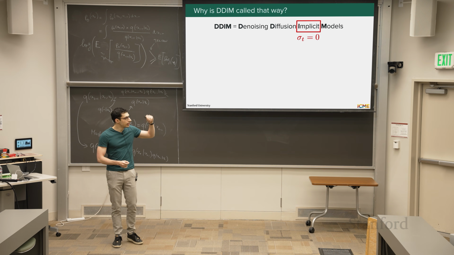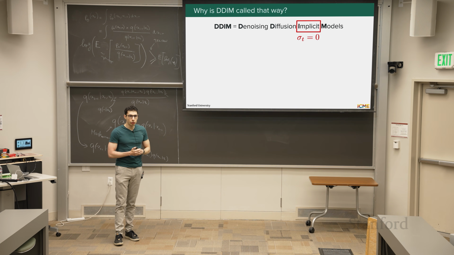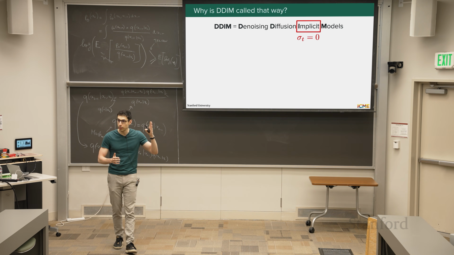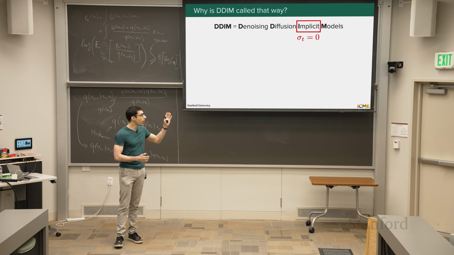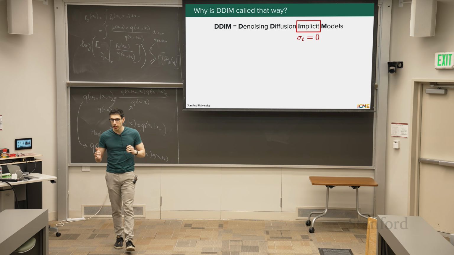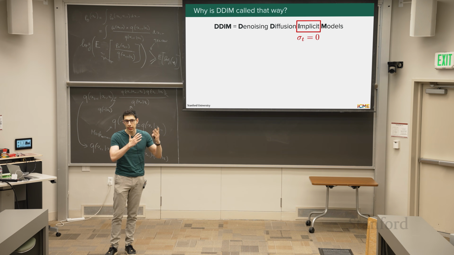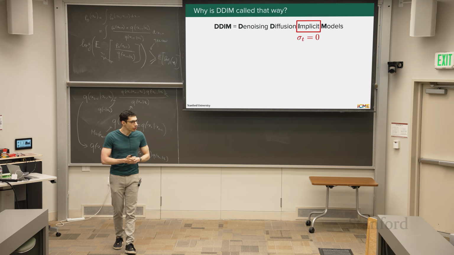But in this DDIM formulation, where you don't have stochasticity at the generation step between two consecutive steps, the stochastic part only comes when you sample your initial noise, so your x big T. And this is why we call the diffusion process implicit, because the probabilistic part is not something that you see between consecutive steps, but rather set at the beginning of the generation process.